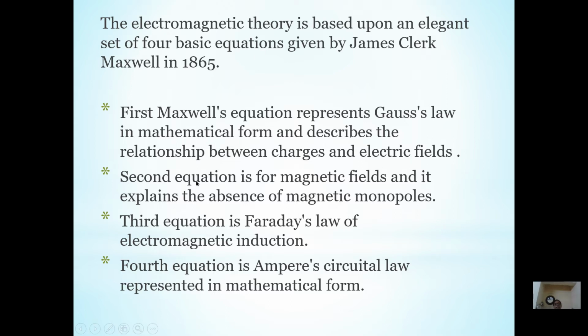Second equation is for magnetic fields, and it explains the absence of magnetic monopoles. Third equation is Faraday's law of electromagnetic induction, and the fourth equation is known as Ampere's circuital law, represented in mathematical form.